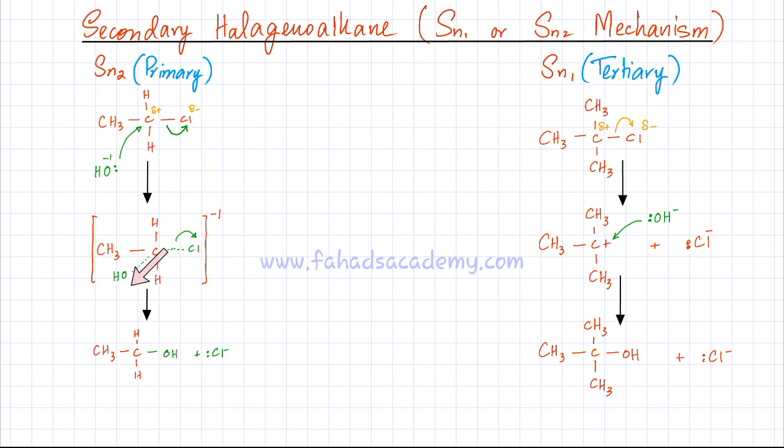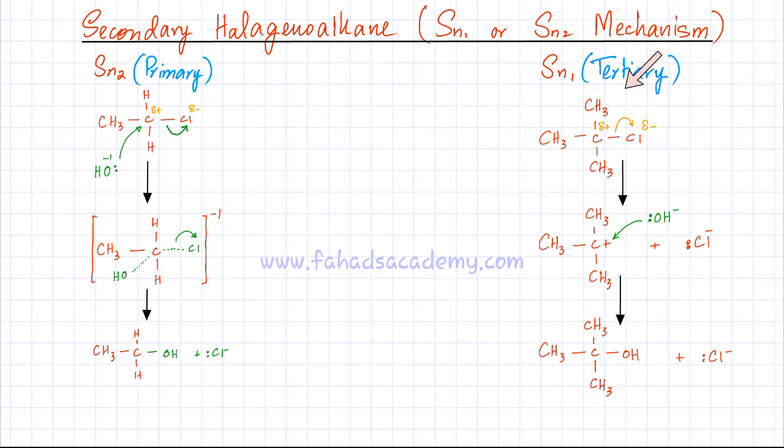The OH is slowly approaching this positive carbon atom, so its force of attraction with this carbon atom is getting stronger, and Cl is taking away those electrons and is getting repelled. In the next step the Cl⁻ is knocked out and the OH nucleophile is able to take its position. So the main reason that I'm trying to highlight is that this carbon atom has a lot of room around it, so this OH⁻ nucleophile can attack from the backside.